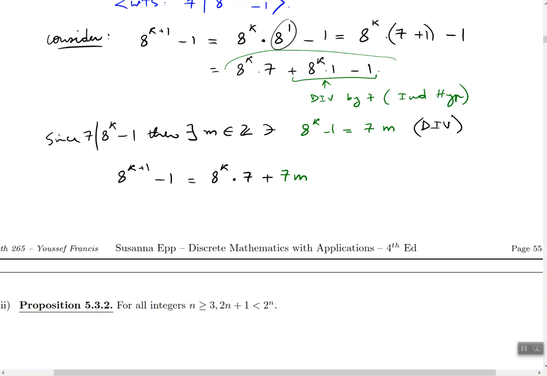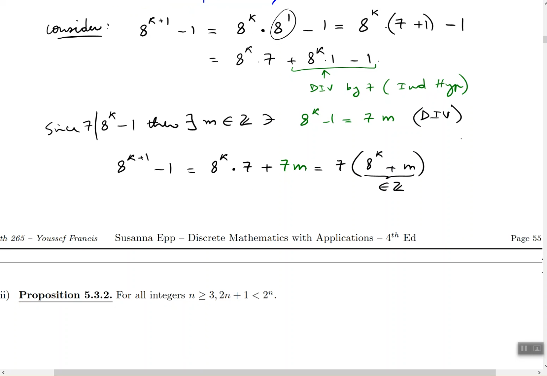So I'm taking pretty much this and converting it with the new notation. At this point, I'm seeing a first factor and a second factor that share a 7. So let me factor the 7 out, and I'm going to end up with 7 times 8 to the k plus m, which is, again, basically an integer. And 7 times an integer means that 7 divides the original quantity.